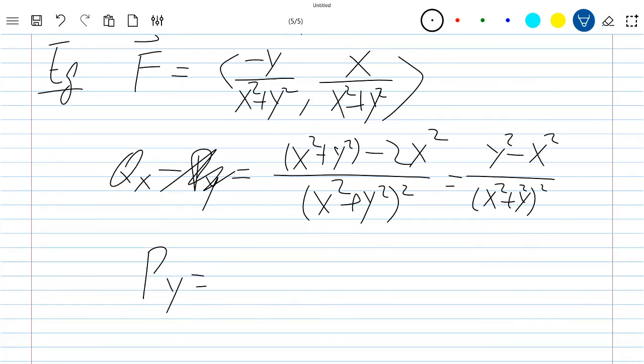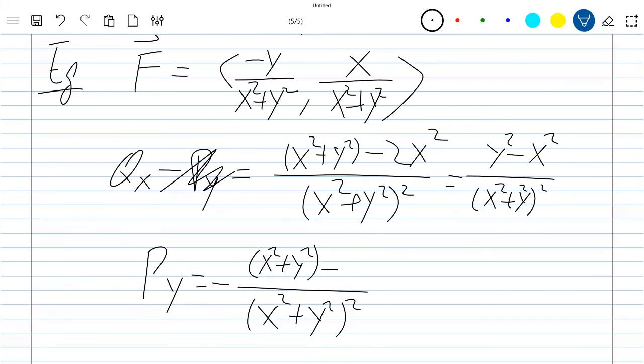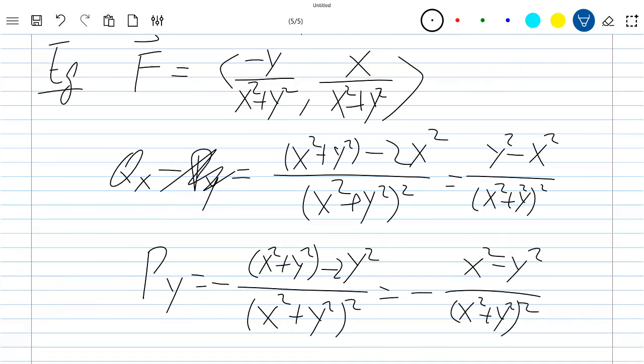And let's see what py is. Py is negative, then x squared plus y squared, then the top is y prime, which is 1, times that, minus y, you keep it there, then you have 2y squared, so you get negative x squared minus y squared, and they're the same, right, because of the negative sign.